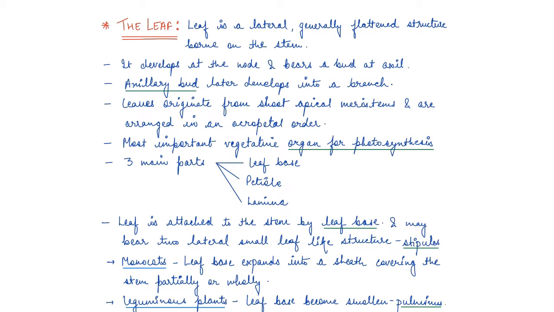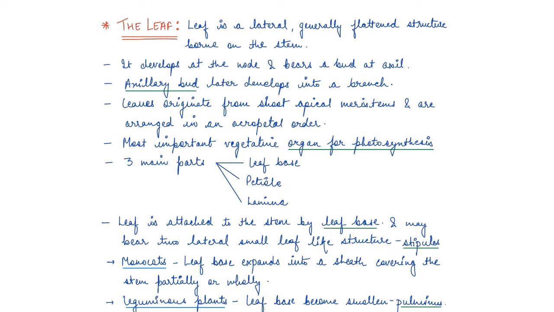Now it basically develops at the node. So again, in the previous video we discussed node and internodes, and node is nothing but the region of stem where leaves are born. So leaves basically develop at the node and it bears a bud at the axil, right?